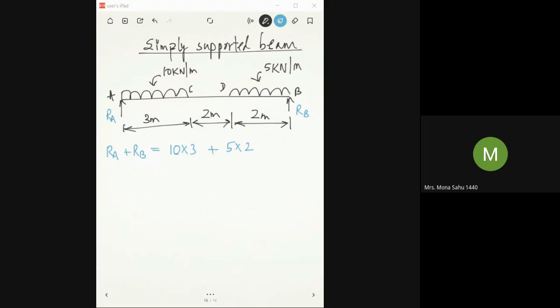Okay, so you will get, so this is RA plus RB. So this is summation of all the vertical forces equal to 0. So now let's take moment with respect to A is equal to 0.